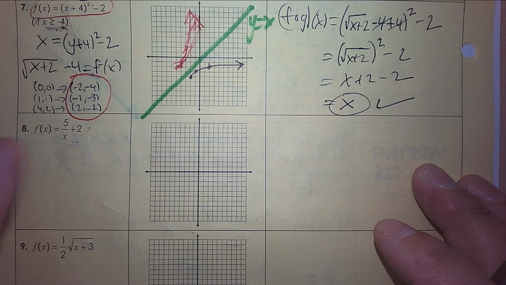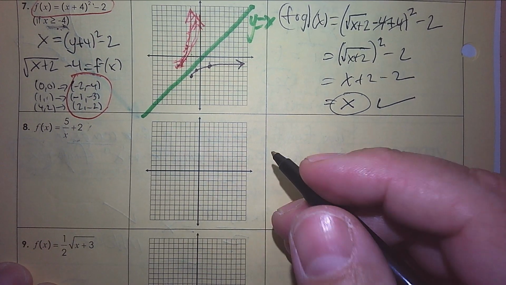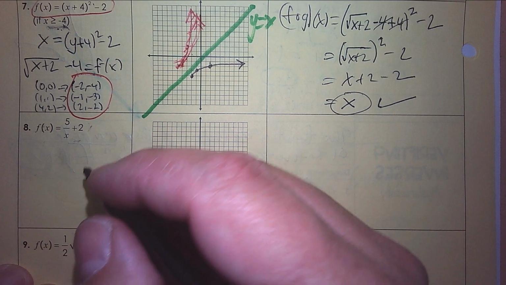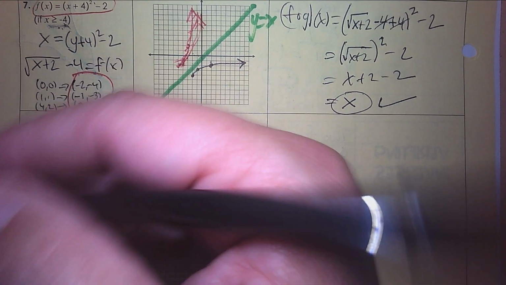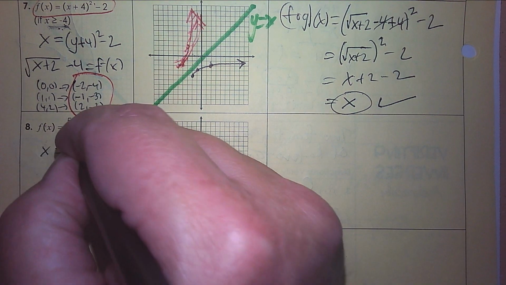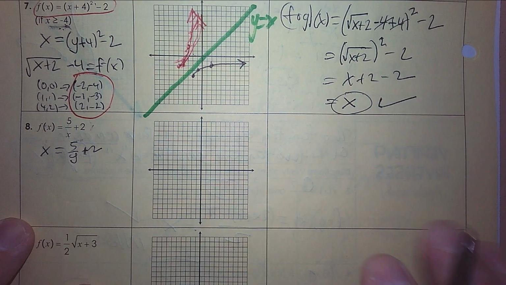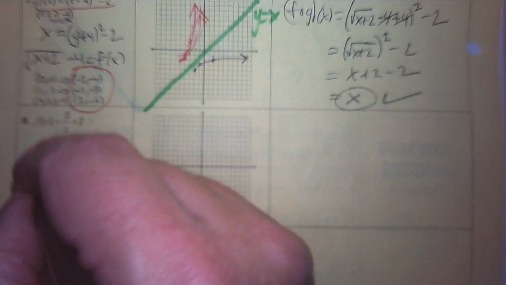Pedro, what type of function is number 8? Yeah, it's a reciprocal. And so I want to find its inverse and graph it. So to find the inverse, I'm going to go x equals 5 over y plus 2. I would subtract 2.